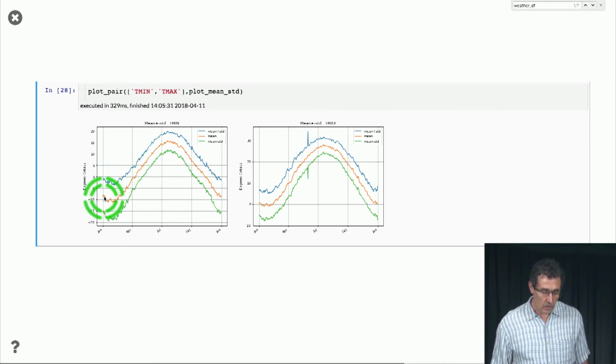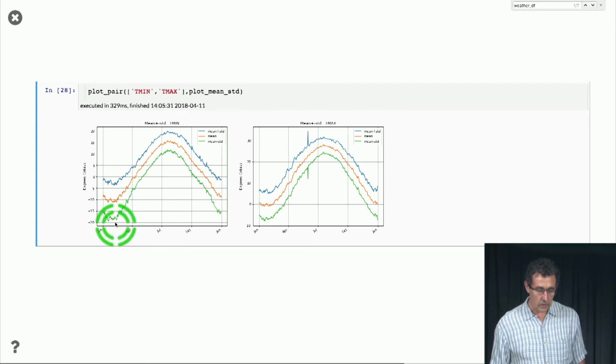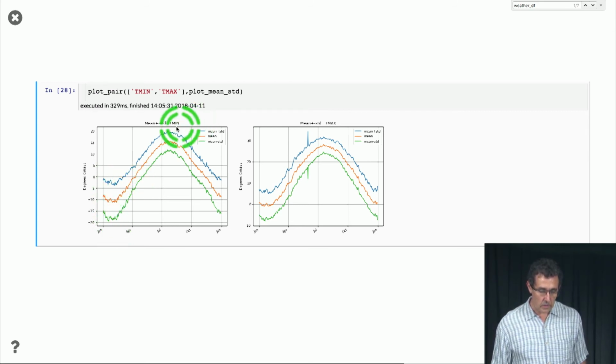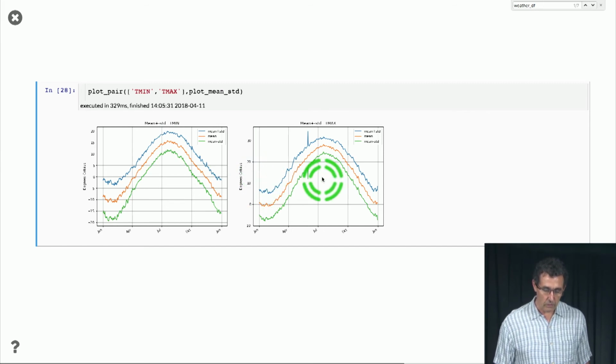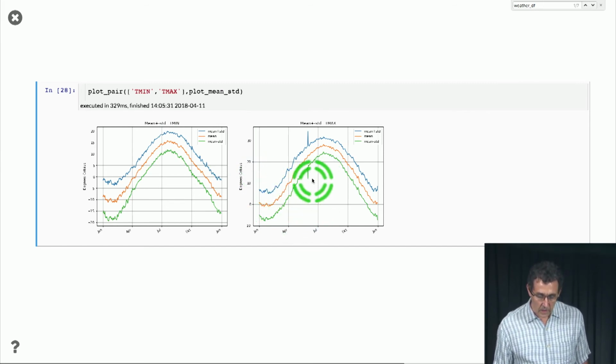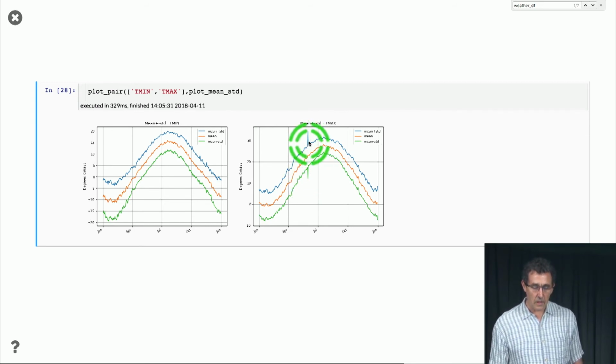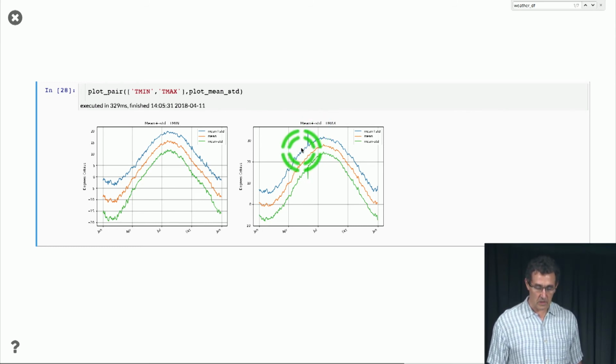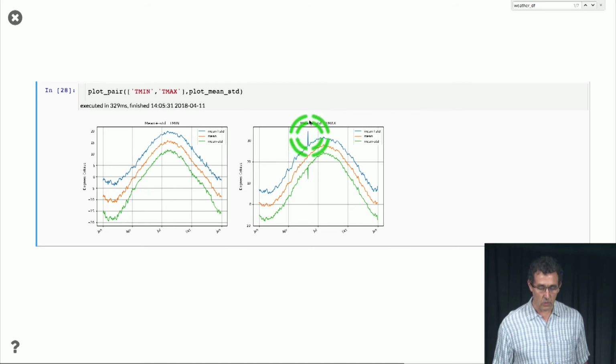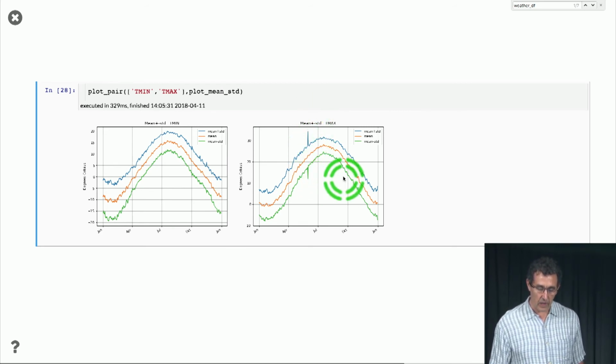For temperature, there is a slightly larger deviation in the winter, and slightly less in the summer, but it's not a very big difference. In this particular day, we have a very high variance, probably because there was some kind of outlier. Some measurement just doesn't fit, and so it creates a very high standard deviation.